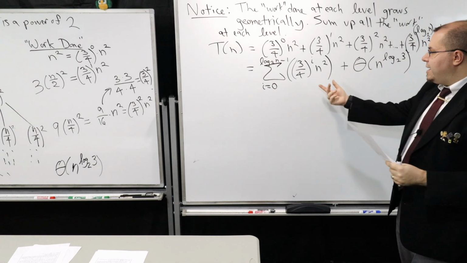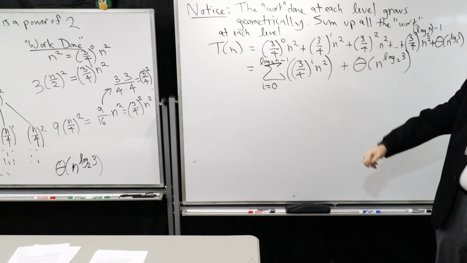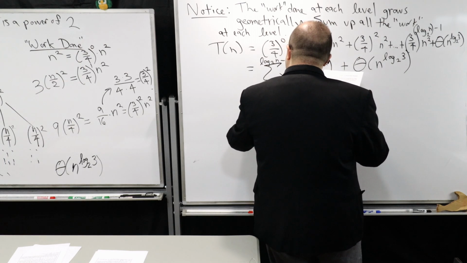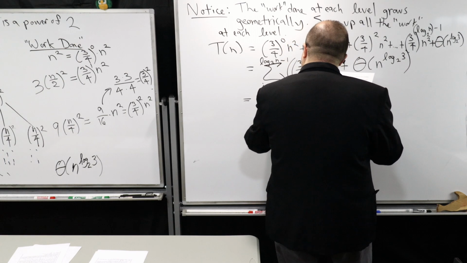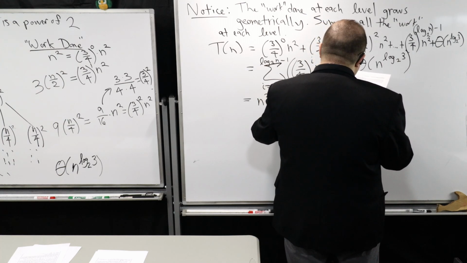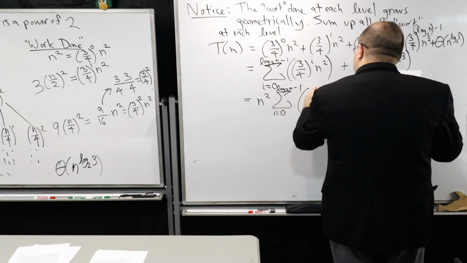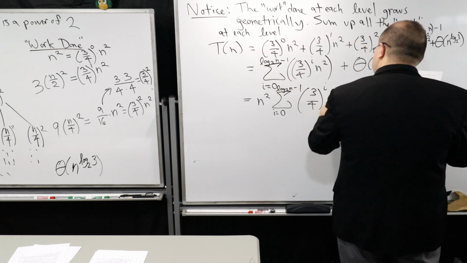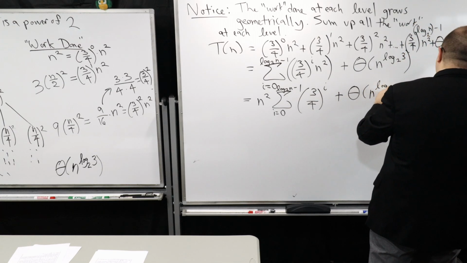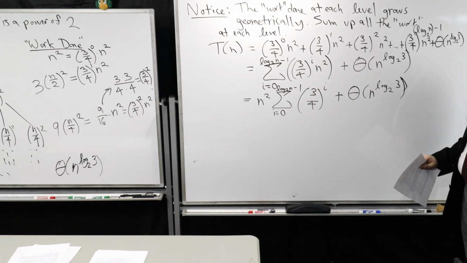Then notice I have an n squared in here. This doesn't depend on i at all, so I'm going to factor that out up front. So now this should look like something really nice we can use.